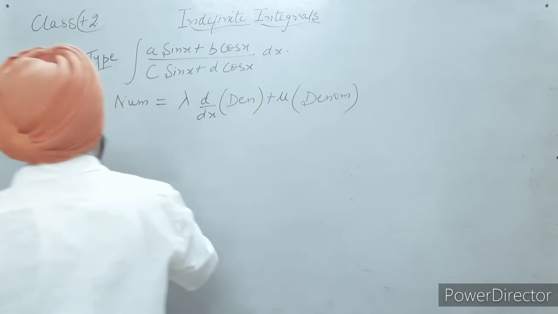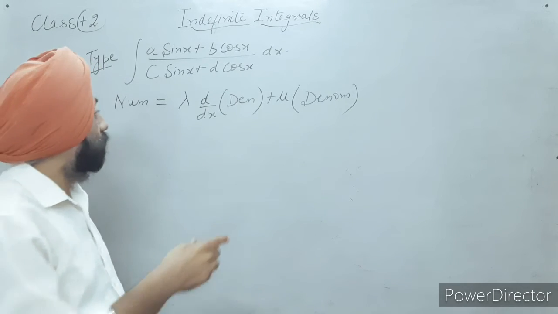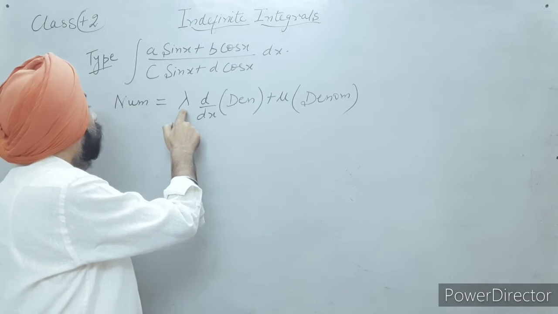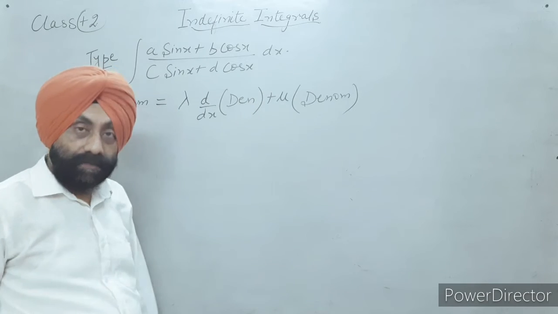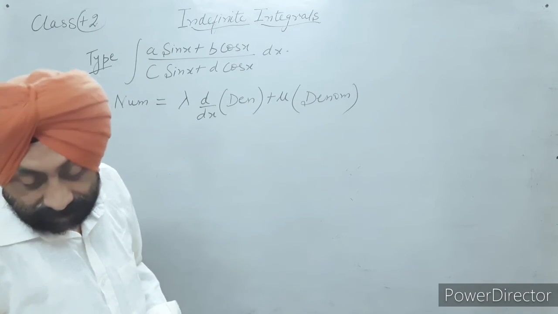Now by comparing the coefficients of sin x and cos x on both sides, we will find the values of lambda and mu. Now I will explain this by taking an example.